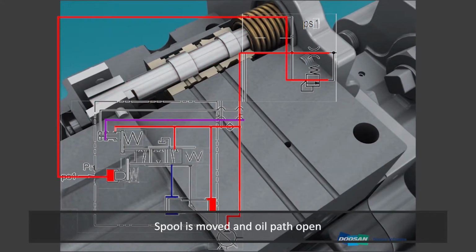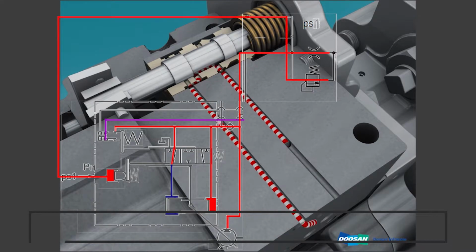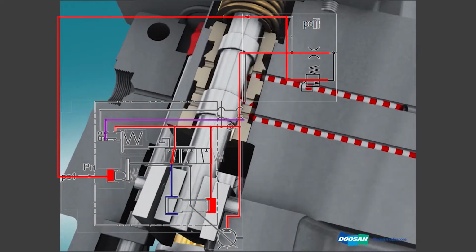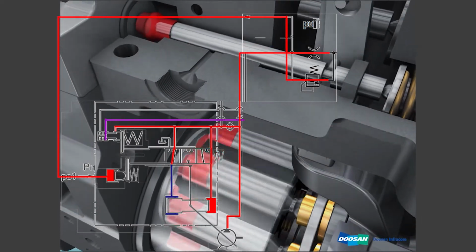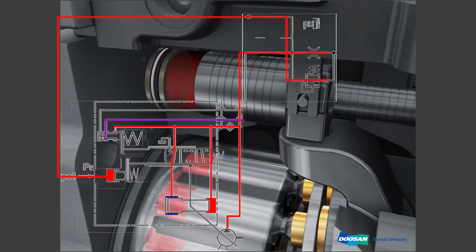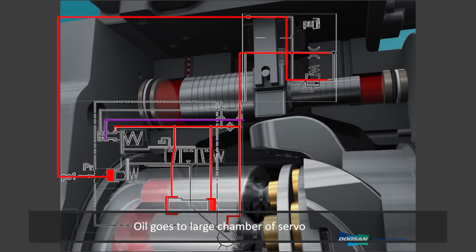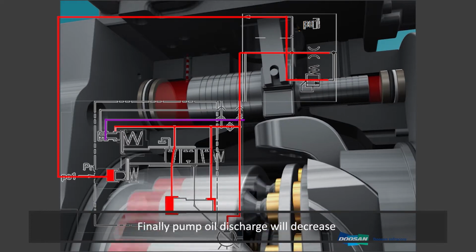Spool is moved and oil path open. Oil goes to large chamber of servo piston. Finally, pump oil discharge will decrease.